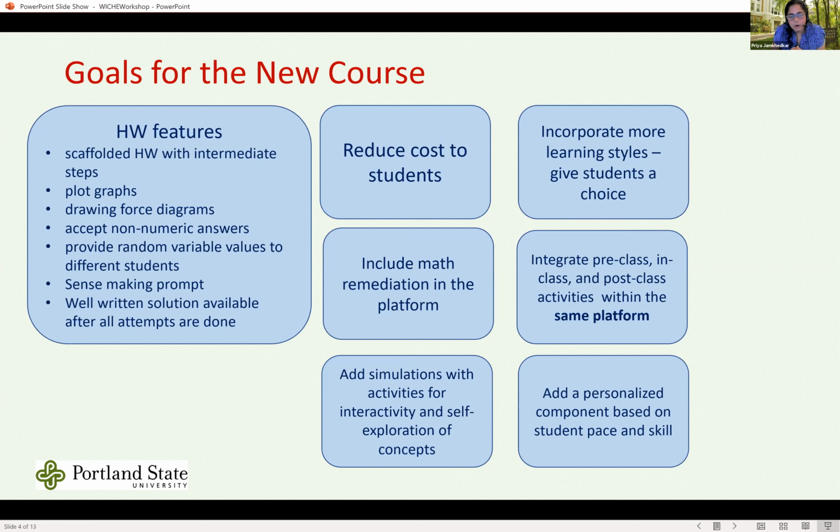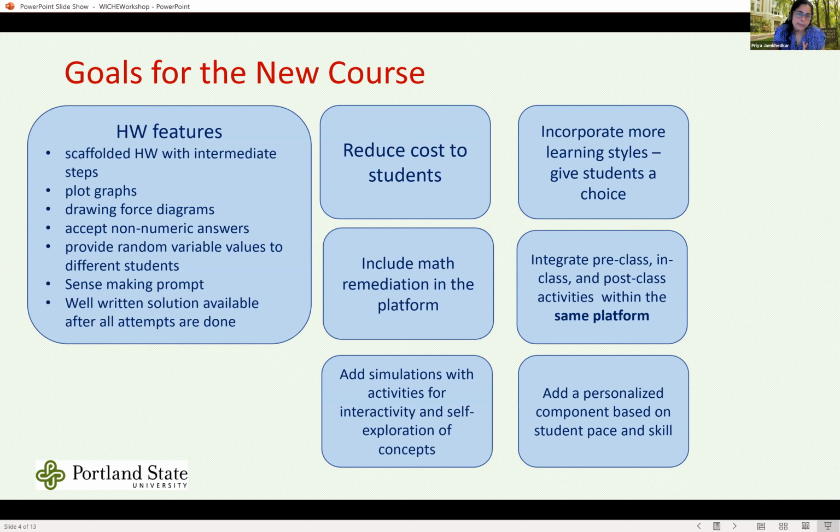And so we got this opportunity to create a course from scratch, because we looked at different physics courses that were out there and they didn't have all the features that we wanted in our courses to promote all these things that I just talked about. So this slide tells what were our main goals when we were trying to create the courses here at PSU.